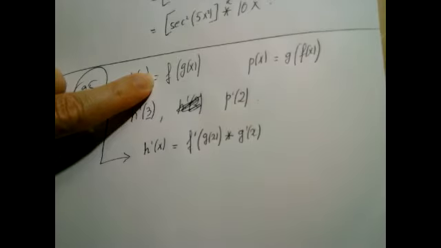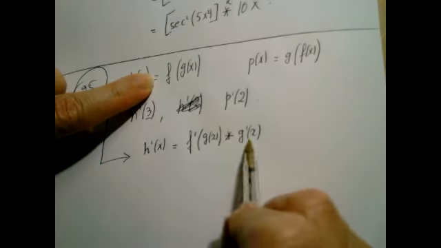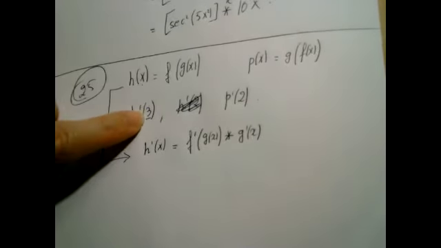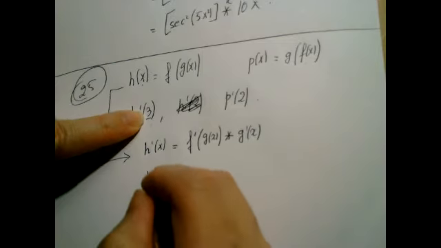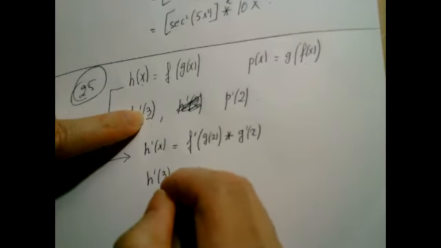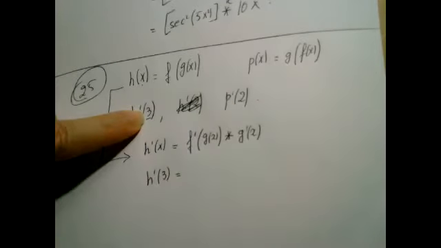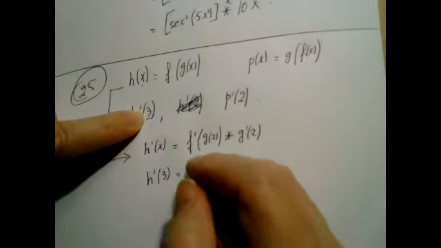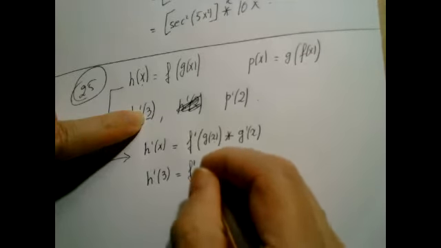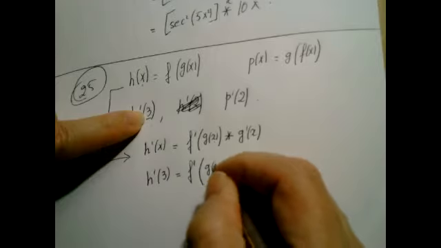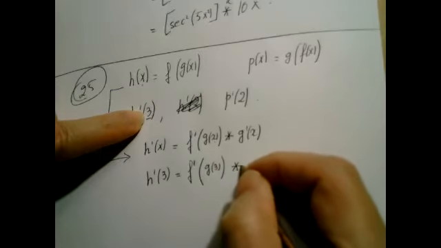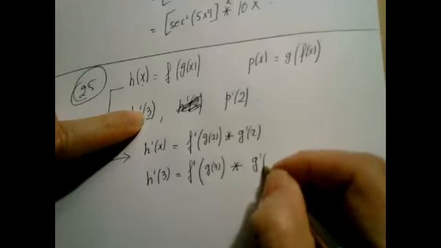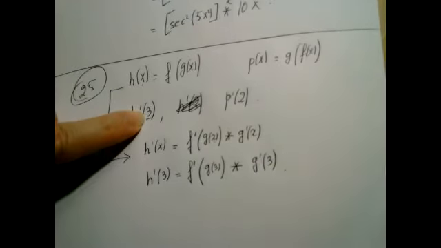Now I want to zoom in at a particular value of x. Now I plug in 3 for x across the board. So it's f prime of g of 3 times g prime of 3.